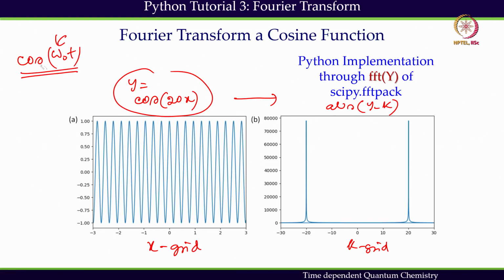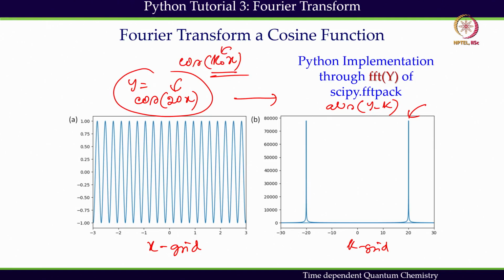Similarly, on the x axis, the spatial frequency 20 is now showing up here. This is actually cos k naught x, and the spatial frequency is defined by this k naught. So this k naught value is now showing up.